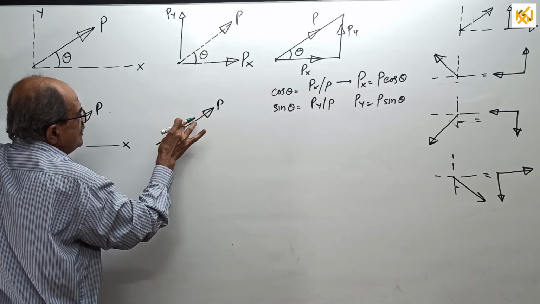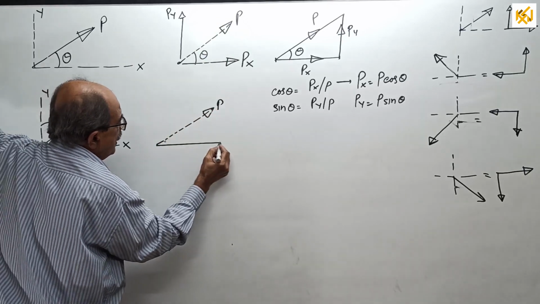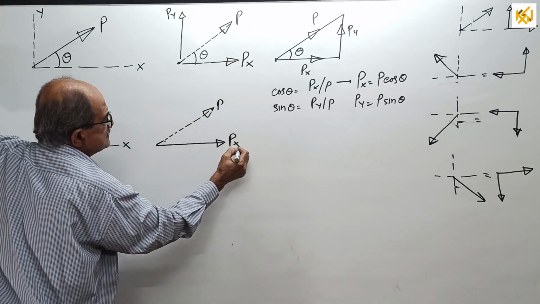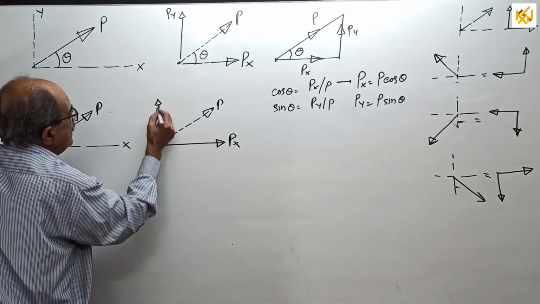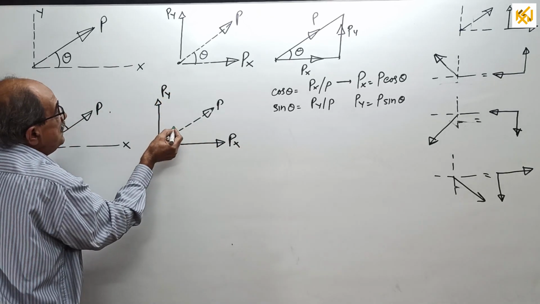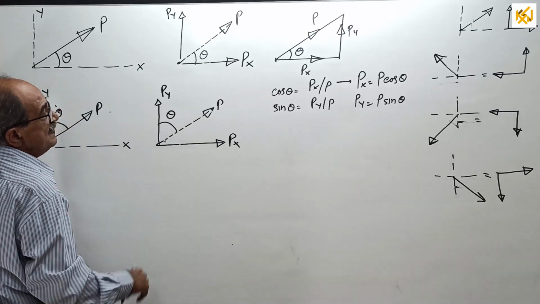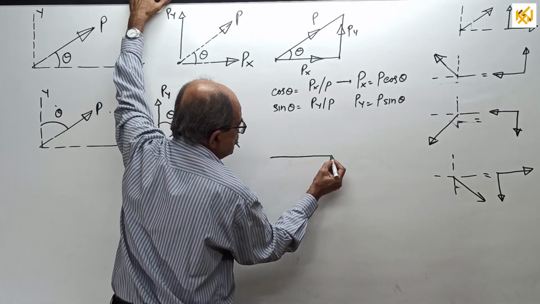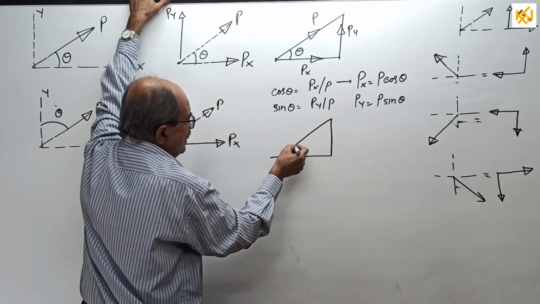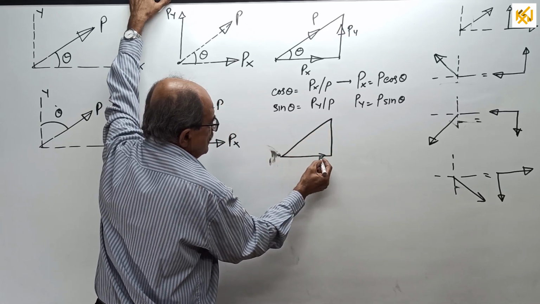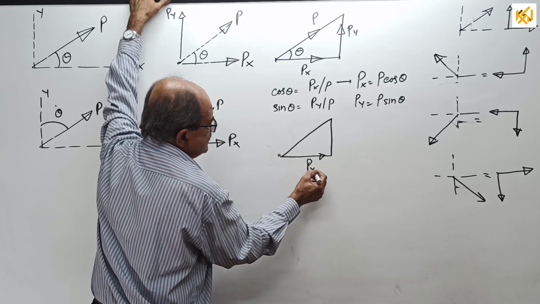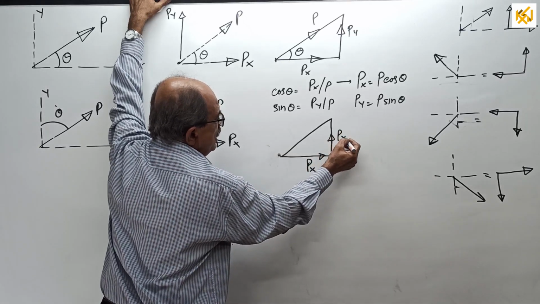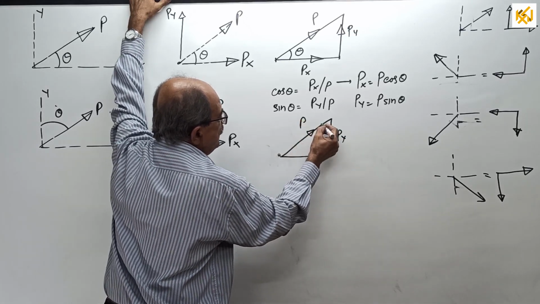One component this way, that is Px, other component this way, that is Py, but now this is the angle theta. Therefore, if you go for the law of triangle of forces, this is Px, this is Py, this is P. Now this is our theta.